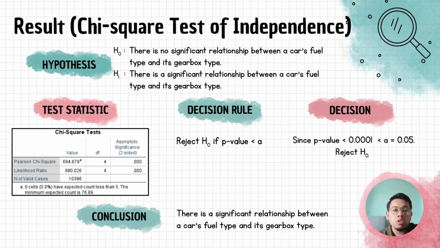The decision rule is to reject H null if the p-value is less than alpha, so since the p-value is less than 0.01, which is less than alpha 0.05, we can reject H null. So the conclusion is there is a significant relationship between a car's fuel type and its gearbox type.